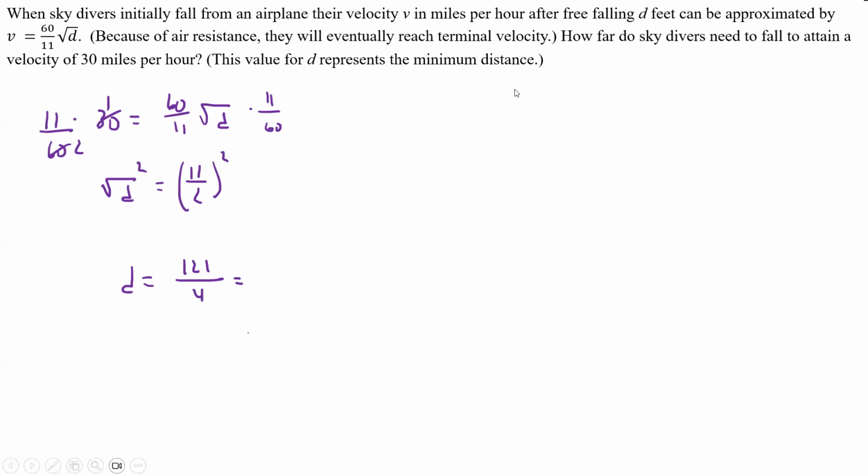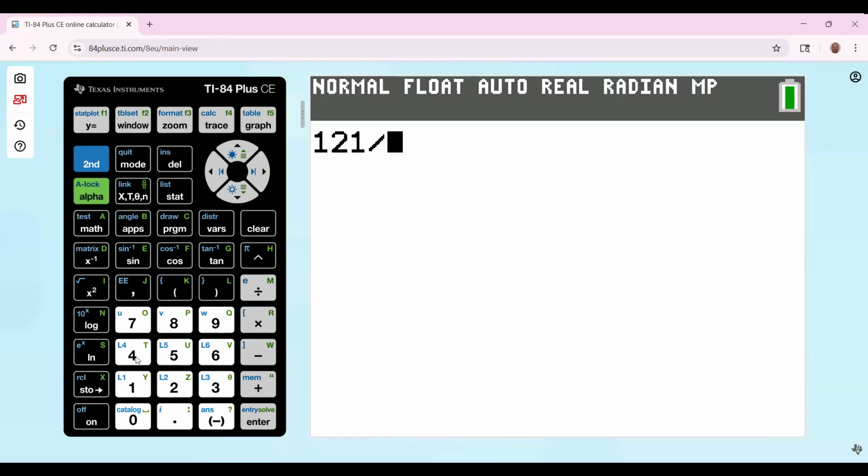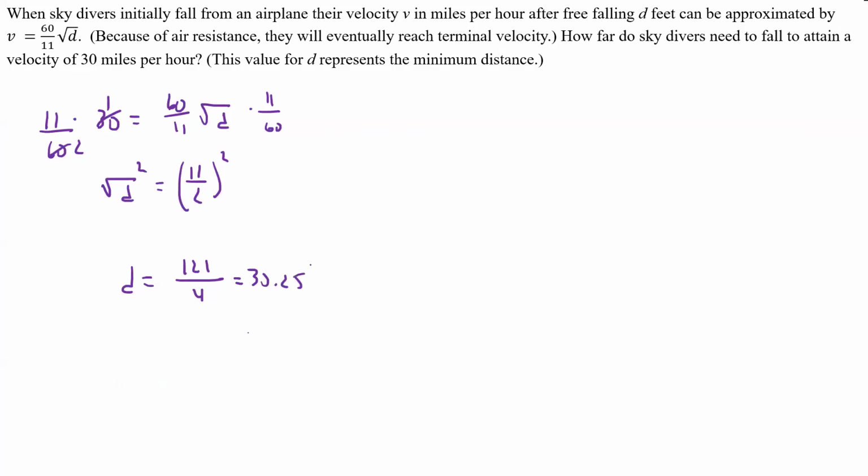And so here we go. So we have 121 divided by 4, so about 30.25. So that's the exact value, and they want approximate, so let's round to the nearest whole number, which is going to be 30.